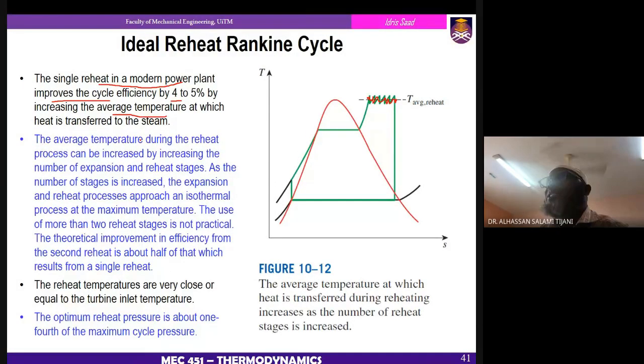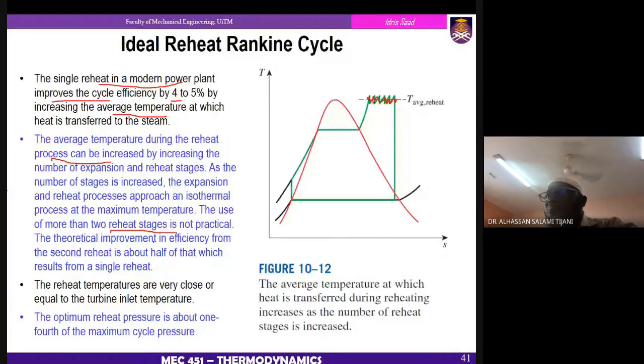And the average temperature during the reheat process can be increased by increasing the number of expansion and reheat stages. Okay. So the use of more than 2 reheat stages is not practical.